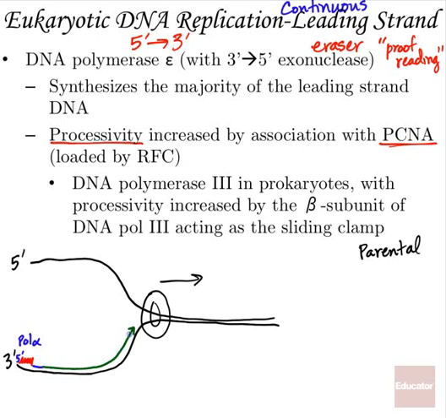Now, DNA polymerase epsilon, theoretically, could continue synthesizing after being primed a single time all the way to the end of the chromosome. Now, what happens is as the helicase continues to move toward the right of our screen, it will open up more and more DNA.